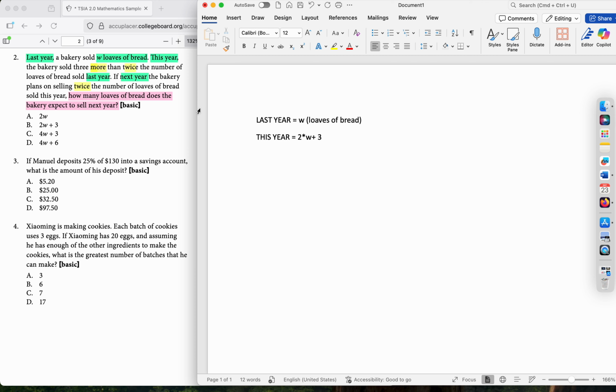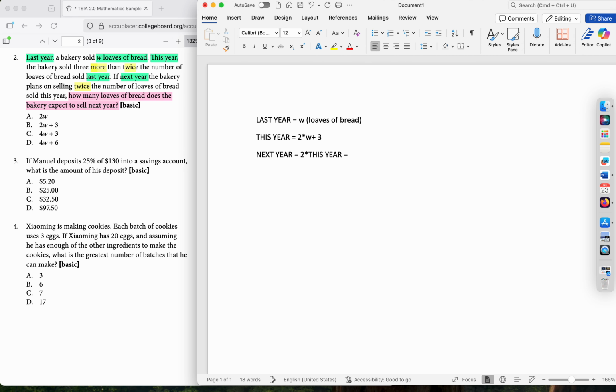Moving on to the next sentence, it says, if next year, and so that's our third thing we're solving for, next year, the bakery plans on selling twice, so times 2, twice the number of loaves of bread they sold this year. How many loaves of bread does the bakery expect to sell next year? So we know that next year is twice this year.